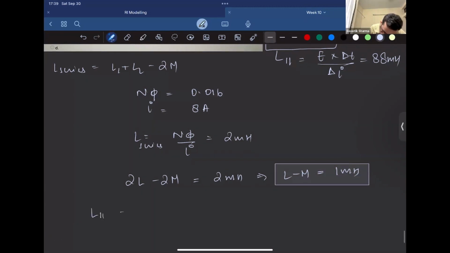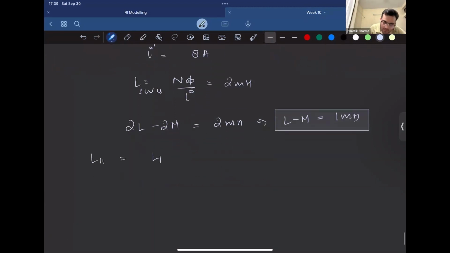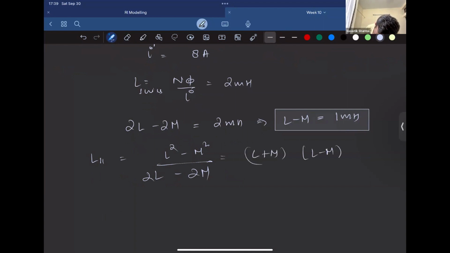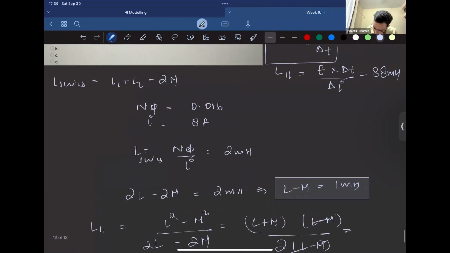Also, a parallel combination is given by L1 L2 minus M square upon L1 plus L2 minus 2M, which is L square minus M square upon 2L minus 2M, right? That's how it's given. So if I write it like this, L plus M times L minus M upon 2 times L minus M, which is what? L parallel is 88.